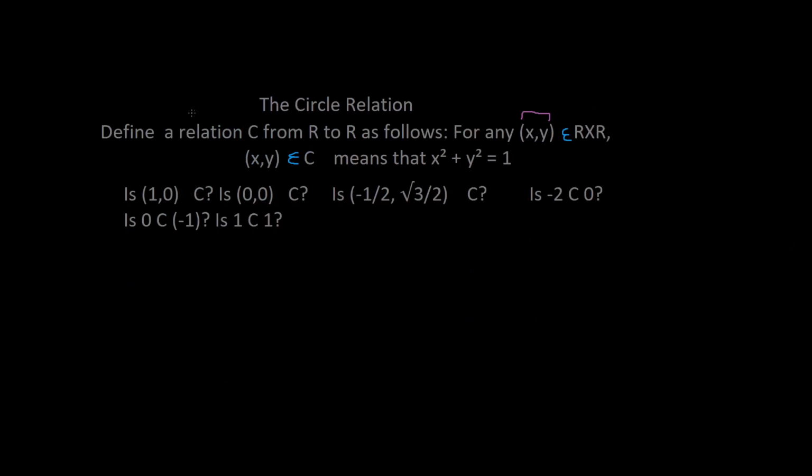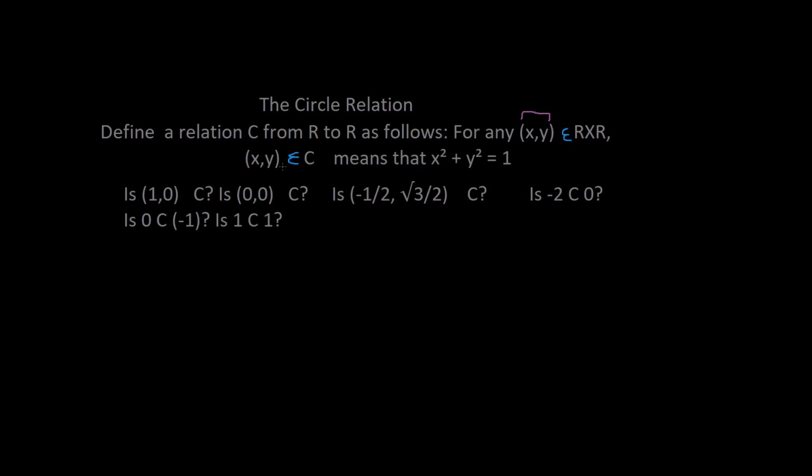The circle relation says: define a relation C from R to R as follows. For any ordered pair x, y that is an element of R cross R, it is an ordered pair of the circle. So this means the circle relation requires that x squared plus y squared equals 1.